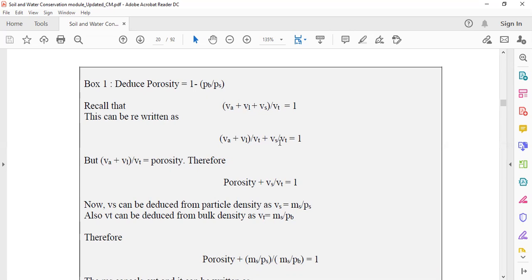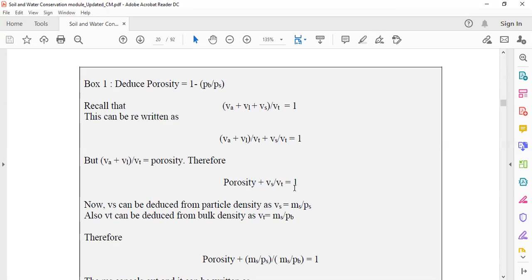So this is what we have done, except that we have added these two. And we know that the volume of pores over the total volume will give us porosity. So we can write it as porosity plus the volume of solids over volume total is equal to 1.